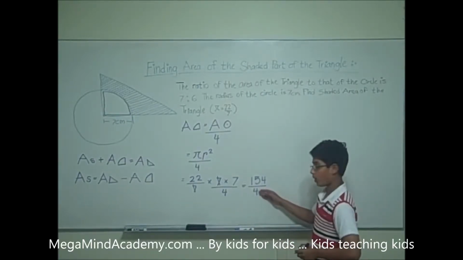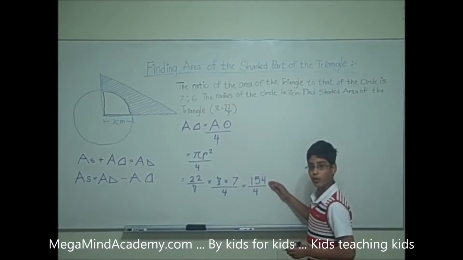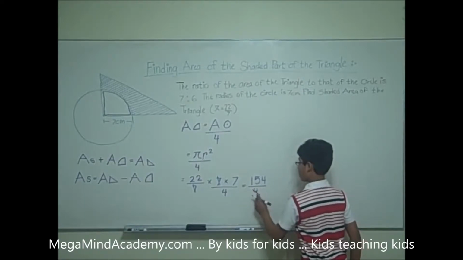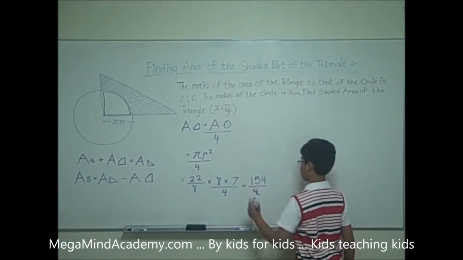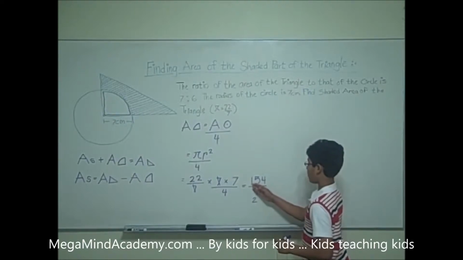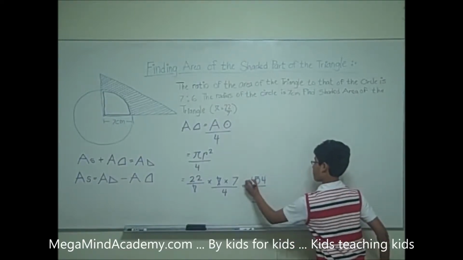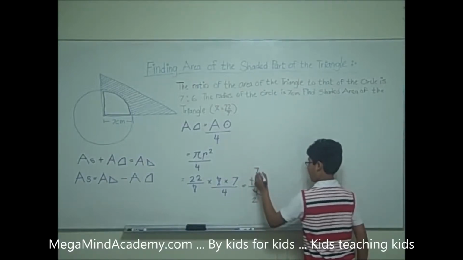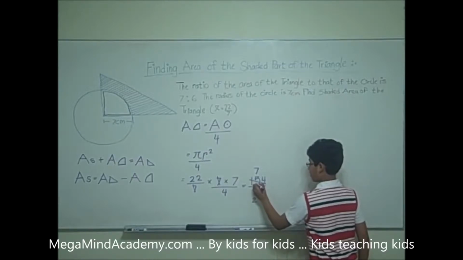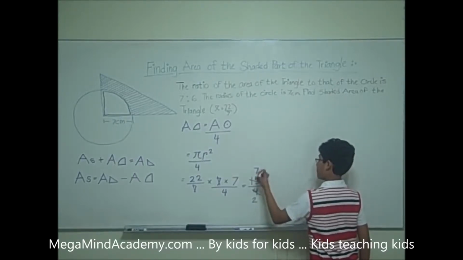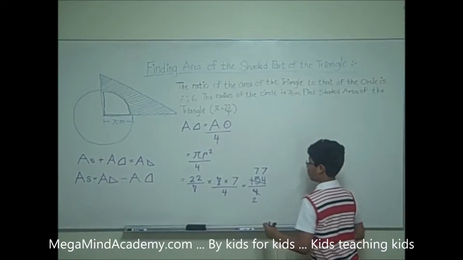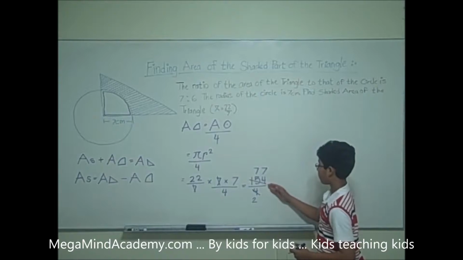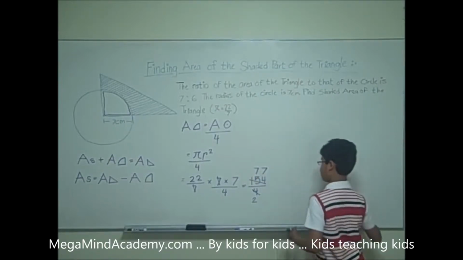Now the 4 and the 154 are both divisible by 2. 2 goes into 4 2 times, and 2 goes into 154 77 times.